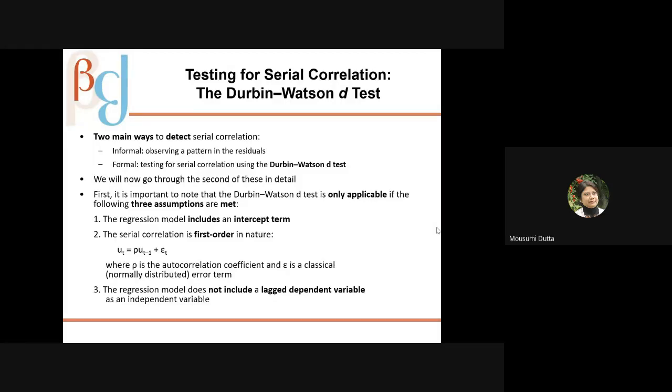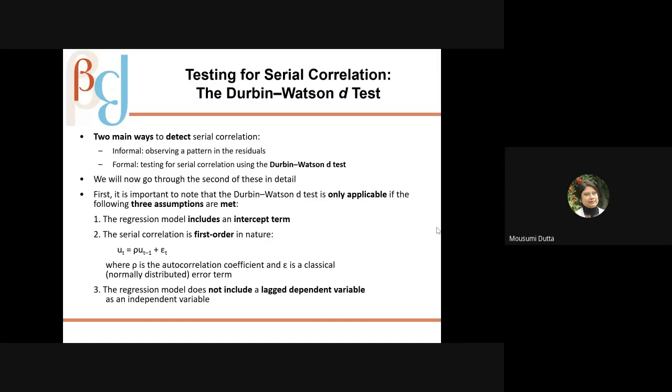So the DW test has a limitation: it always needs the first order autoregressive process. However, the AR1 process itself covers a large number of time periods if you convert it in terms of a moving average process. So it is true that the DW test is not applicable for higher order AR processes. However, it is applicable to the AR1 process, which means it is applicable to an MA infinity process.